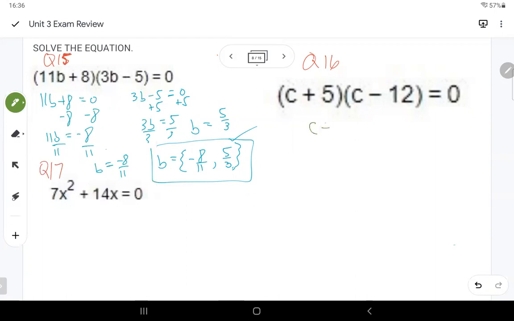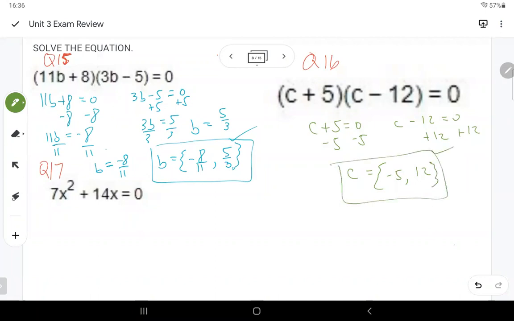For 16, we're just going to do c plus 5 equal to 0, c minus 12 equal to 0. We'll subtract 5, we'll add 12. So we have c is equal to negative 5 or positive 12. And if you wanted to check it, you just plug it back in. Since this one's super, super easy, let's check it.